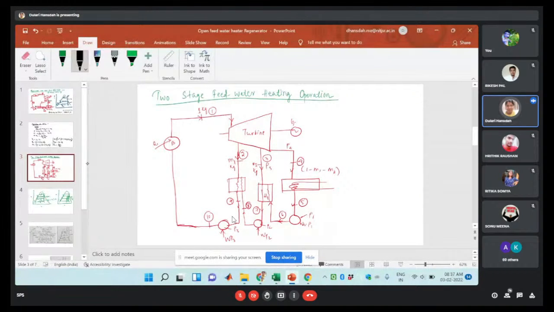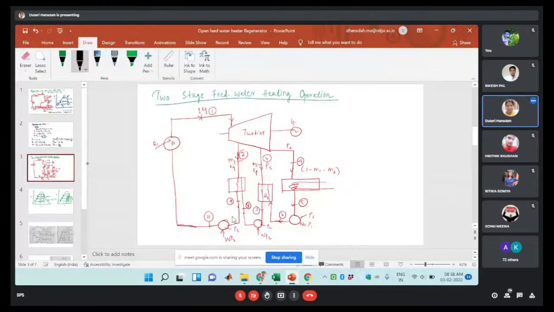From the turbine, we have shown that during the expansion process, steam is bled from the turbine. At point two, M1 kg of steam is bled, and at point three, M2 kg of steam. M1 kg of steam is utilized in this heater 1, and this one is heater 2. Either you can take it as heater 1 or heater 2.